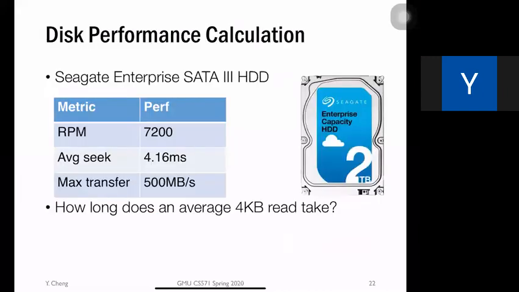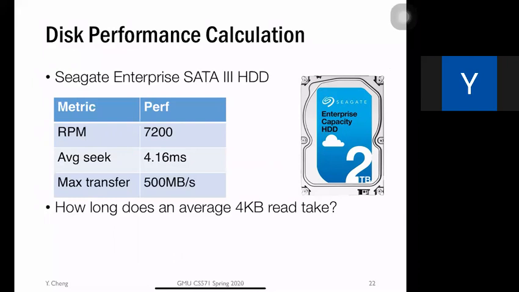So let's further put this into a specific example context. Here we're looking at a Seagate Enterprise SATA 3 hard disk drive. And in this table, it lists 3 performance metrics, namely RPM, rotations per minute, which is 7,200, and average seek latency is provided, which is 4.16 milliseconds.